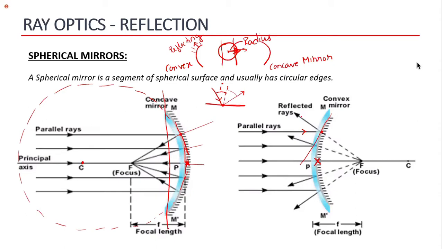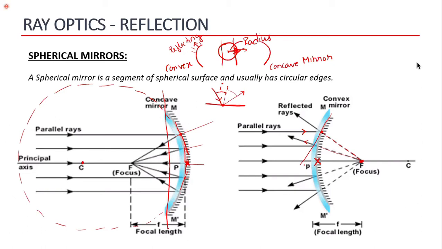So if you retrace this ray backward till the focal point, you will get a focal point. So for a concave mirror, the focal point is on left hand side of your mirror, and for convex mirror, it is on the right hand side of your mirror.